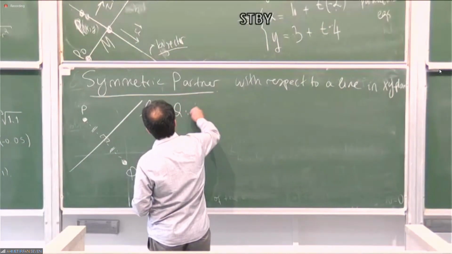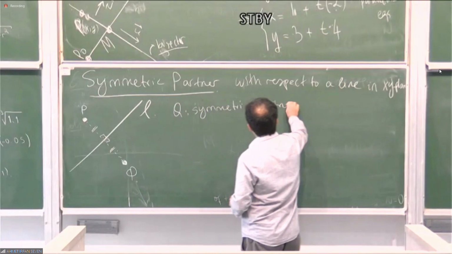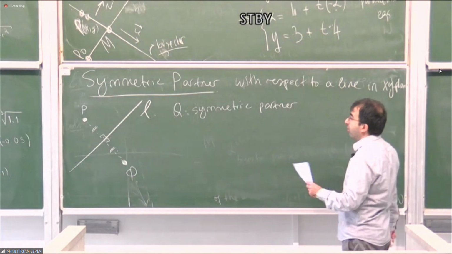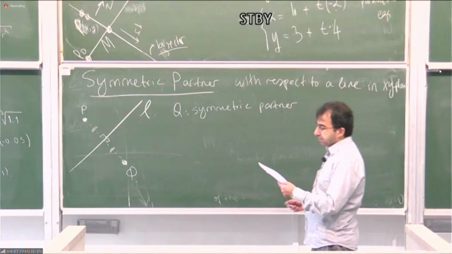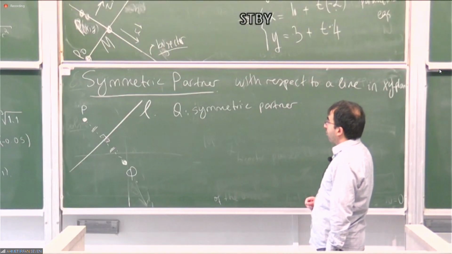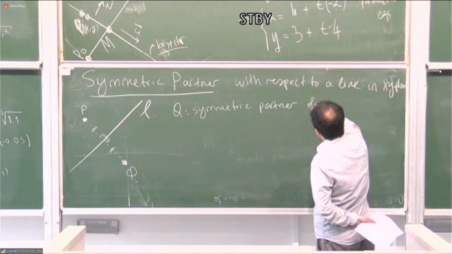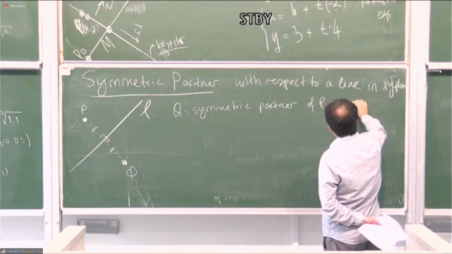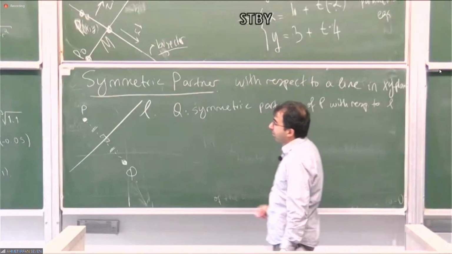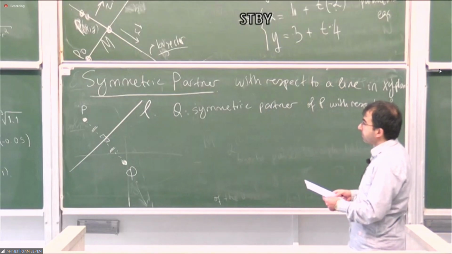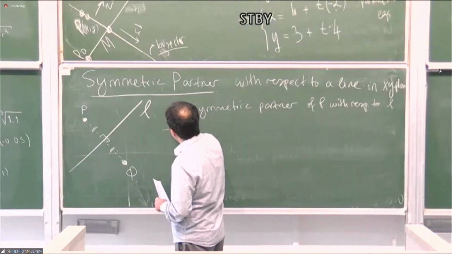So Q is called the symmetric partner of P with respect to L. So how can I find this vector Q?